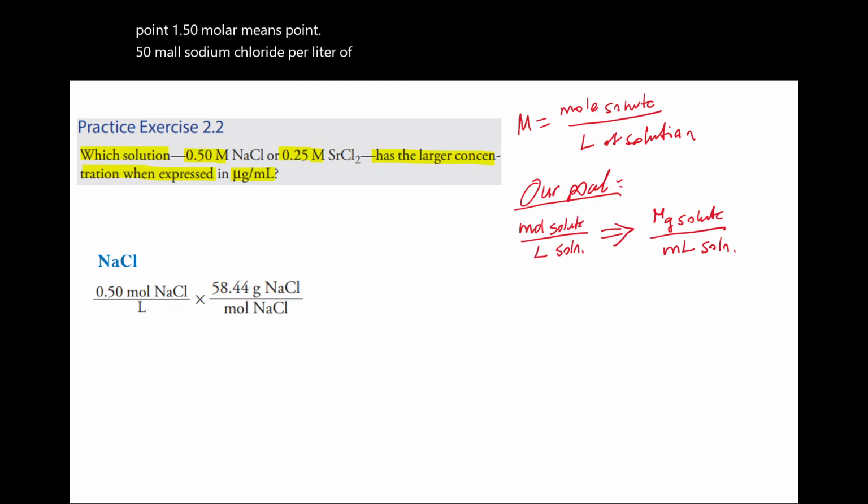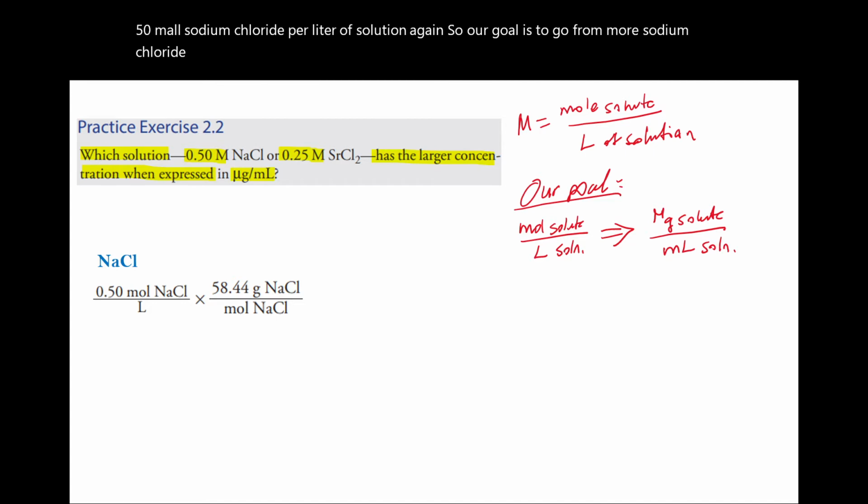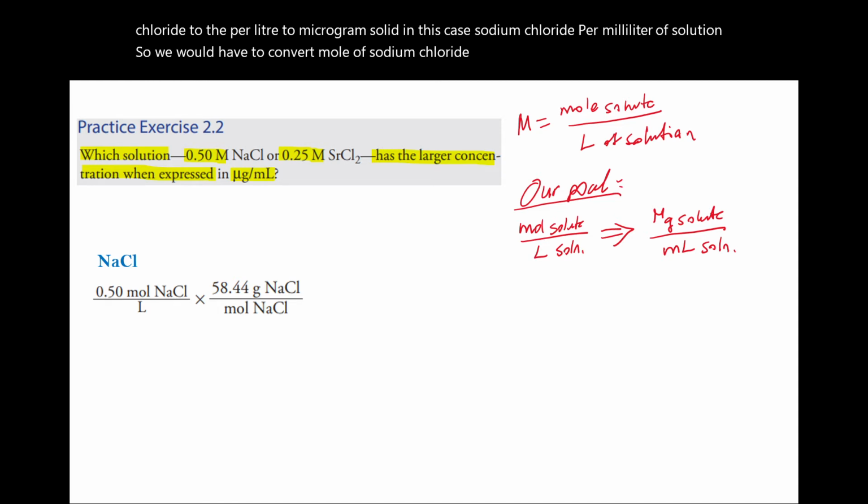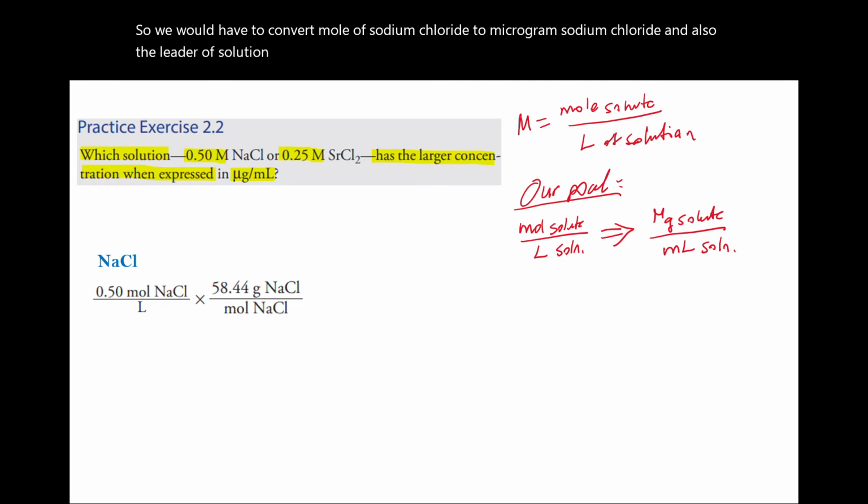Again, our goal is to go from mole sodium chloride per liter to microgram solid, in this case sodium chloride, per milliliter of solution. So we will have to convert mole of sodium chloride to microgram sodium chloride, and also the liter of solution to milliliter of solution.